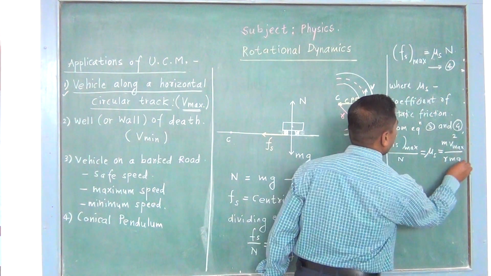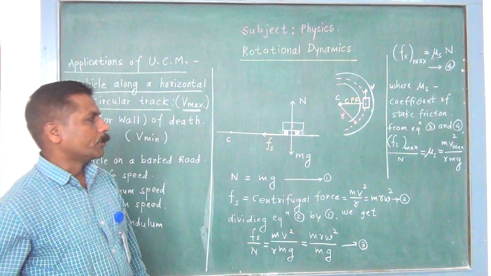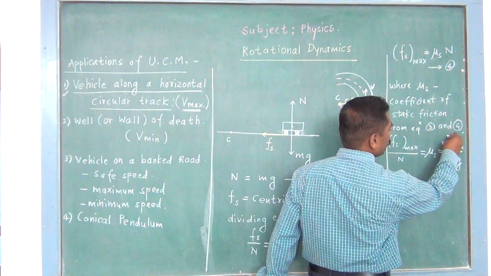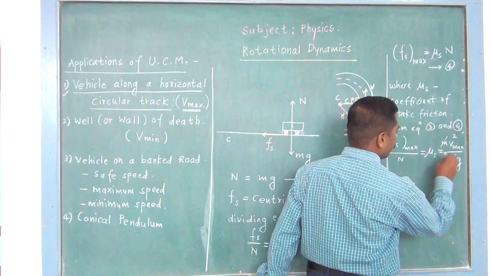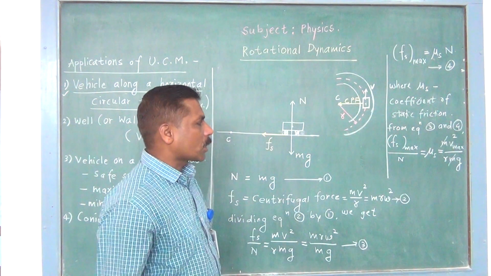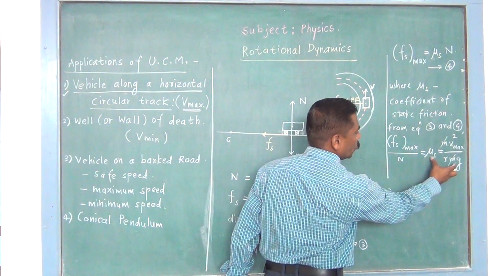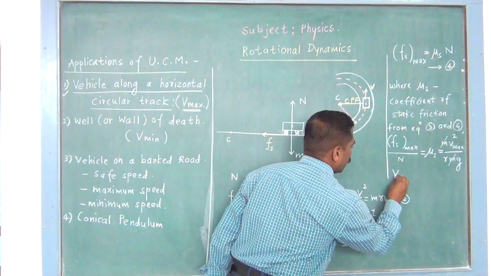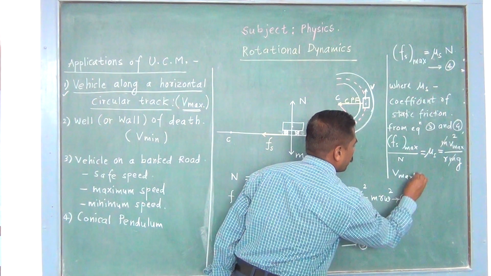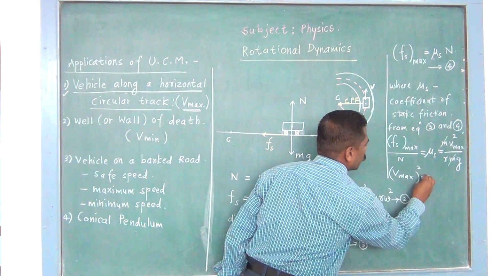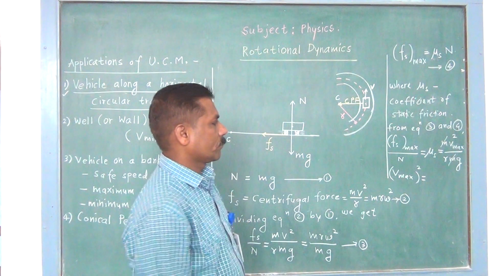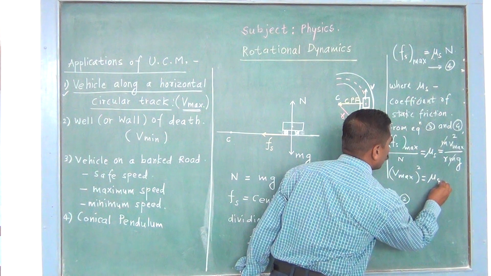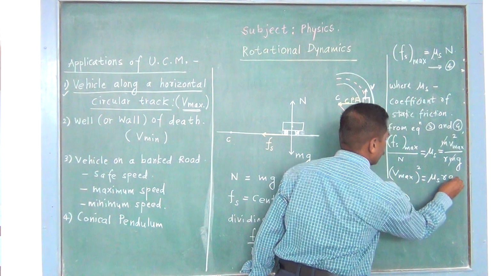Now if you observe here, we can easily remove this m with this m, and if we take the cross multiplication of these two, you will find v max square is equal to mu r g.